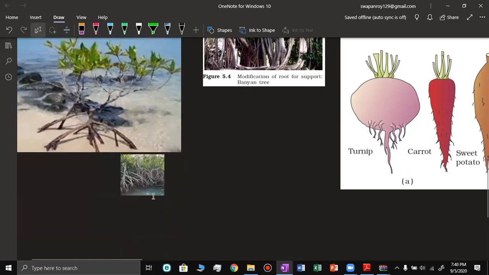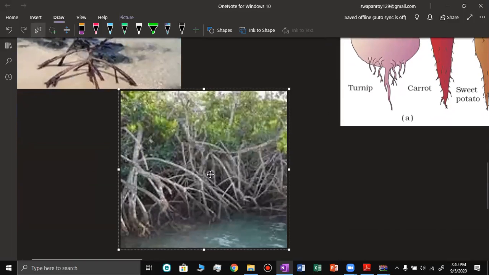Another one you can find here. This is also a mangrove plant in the coastal region. So this is sea water, and these are of course not very big trees, but from the lower side they are giving out branches, and the branches are going into the soil.